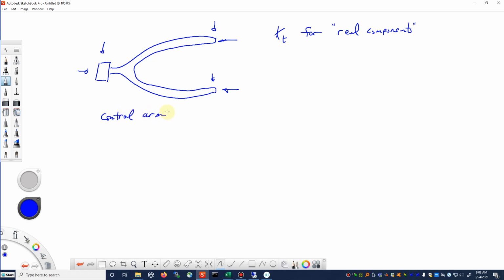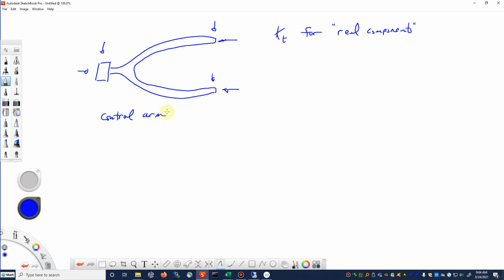If you're not familiar with a control arm, this is part of the vehicle suspension. You may hear the terms wishbone suspension or something like that. And this is kind of a typical component. It rides up and down to kind of help transmit the forces from the road and the vibrations from the road into the structure in a kind of a damped way.